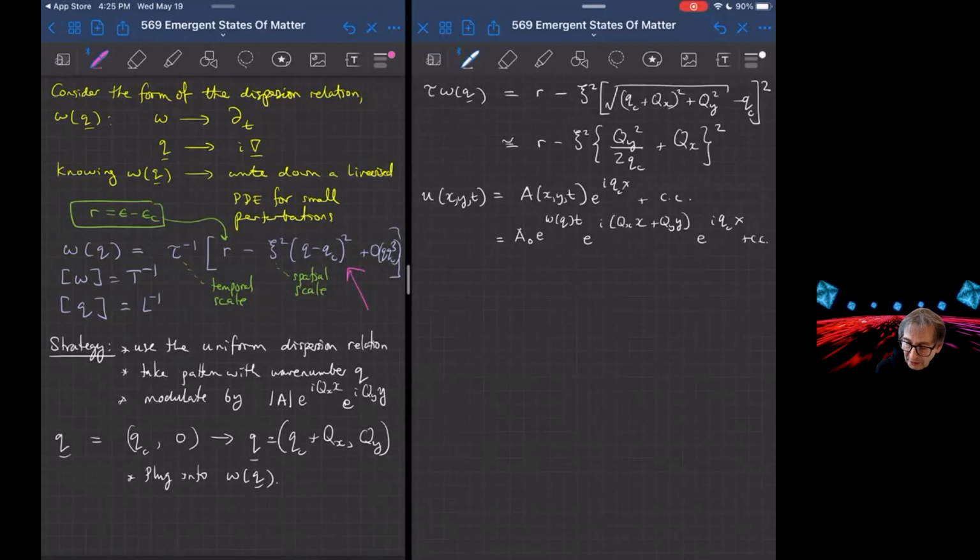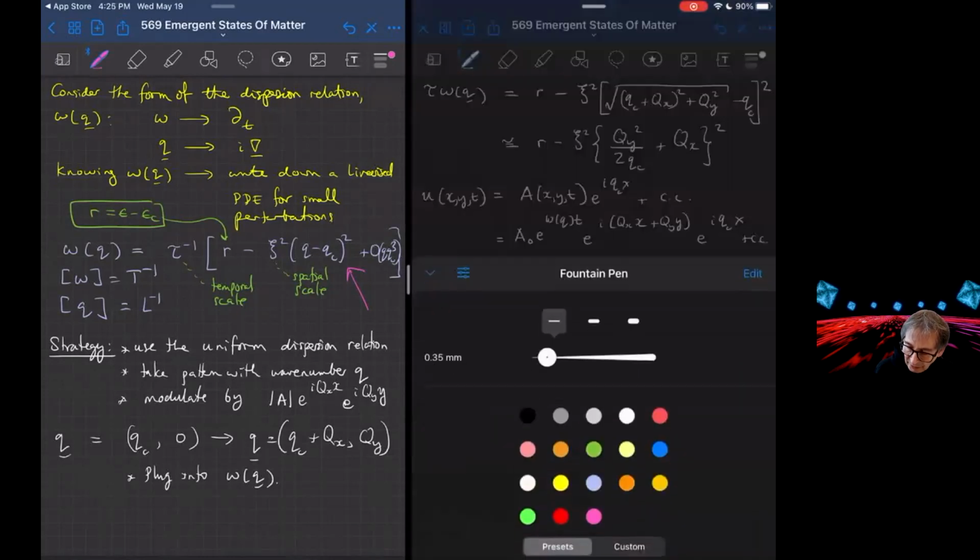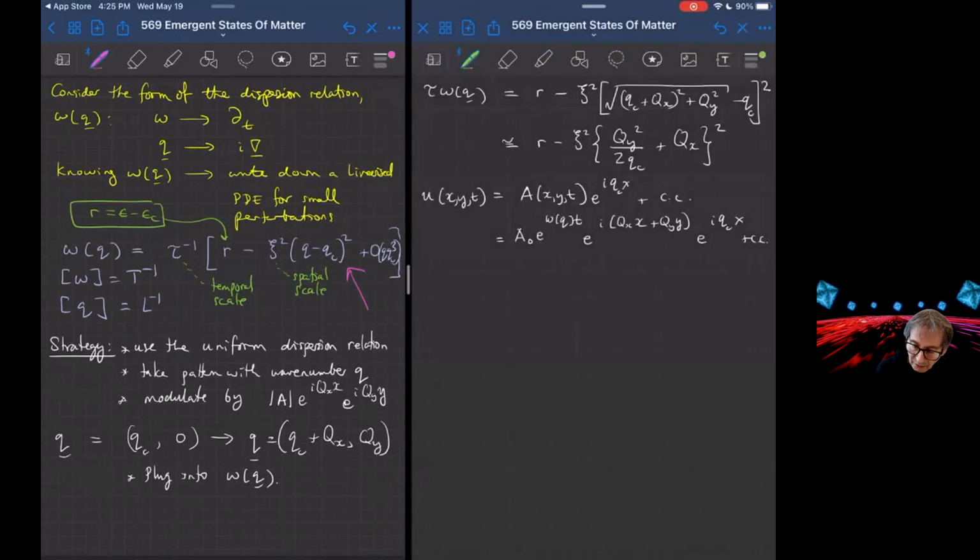So this is exact, and then we're going to make the identification that omega of q is basically a time derivative, qx is a spatial derivative with respect to x, and qy is a spatial derivative with respect to y.